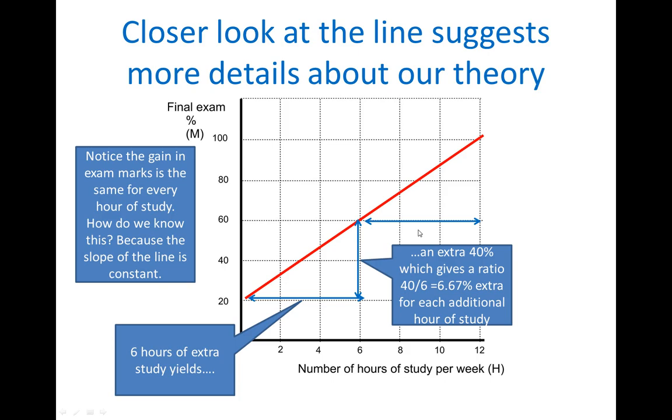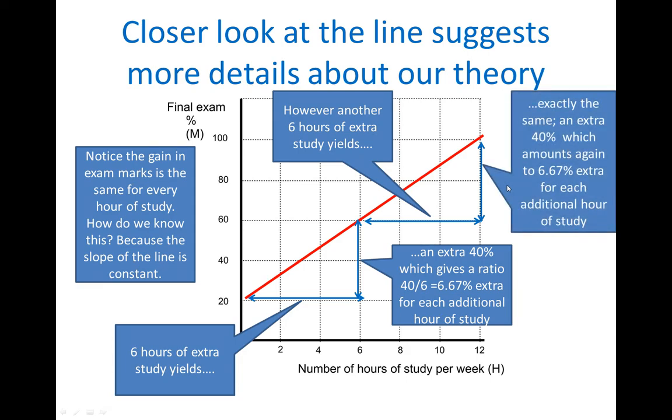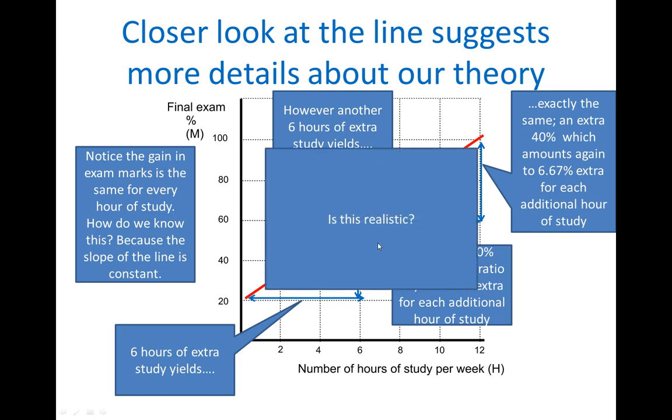However, if you analyze it further, another 6 hours will give exactly the same, an extra 40%, which amounts to 6.67 extra marks for each extra hour of study that the student will undertake. Now, that doesn't seem terribly realistic, and we need to analyze that in our next presentation.